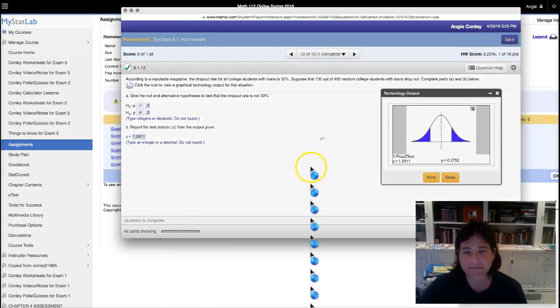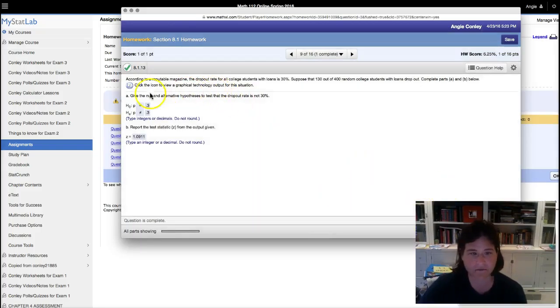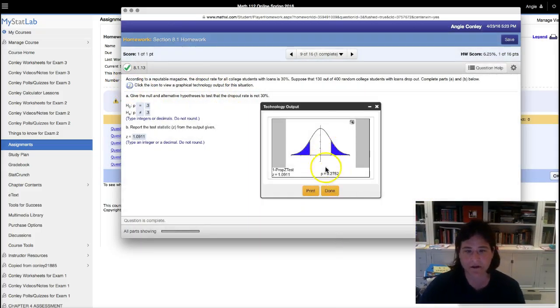And then the last part is, it didn't ask me for the p-value. Maybe I want to go back. I want my picture. So I'm going to show you the p-value right here. It is the area of getting this test statistic or more extreme.